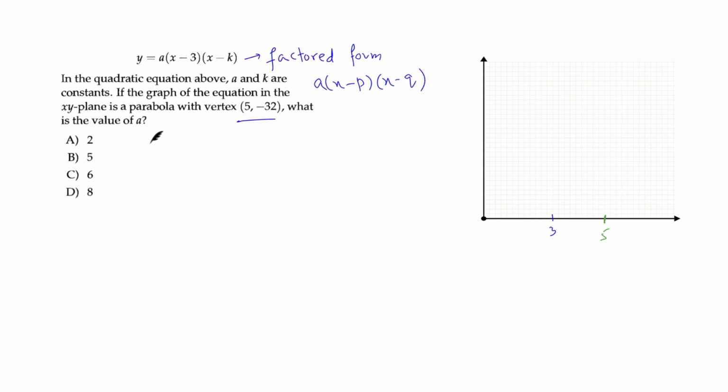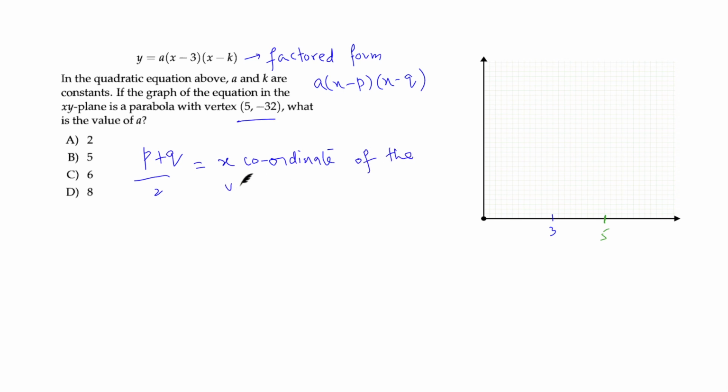So if you remember, I told you factors are basically x-intercepts. And if you take the midpoint of the x-intercepts, you basically get the vertex, which is, if I say, (p plus q) divided by 2 will basically give me the x coordinate of the vertex.